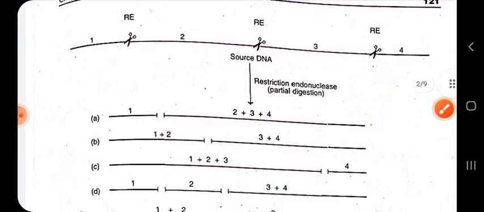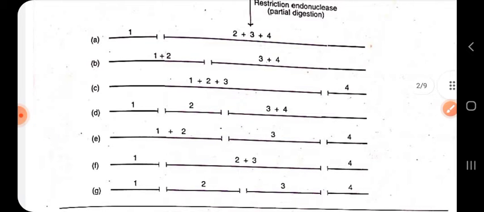In this way, by partial digestion using the restriction enzymes, we create a series of fragments of varying length. Some of the fragments are large, some are small.